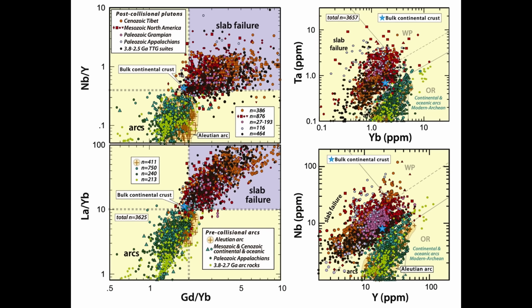We plotted up, here's 4,000 or so samples, from 3.8 billion years ago to the present day, and we found that everything held up, and so we argued that plate tectonics was active since about 3.8 billion years ago.